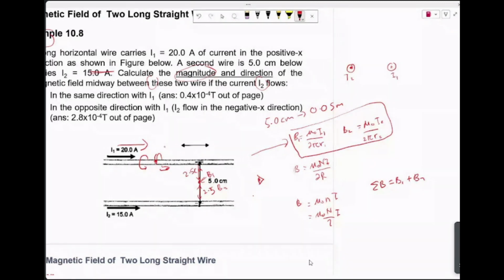Because of what we discovered just now, it's going to be counterclockwise. Look closely. This is the position 2.5, and this is just a label, not pointing any direction. The distance from the current is also 2.5 centimeters.